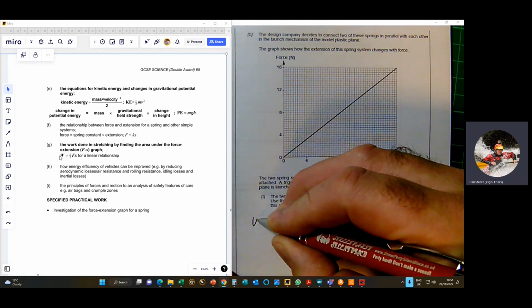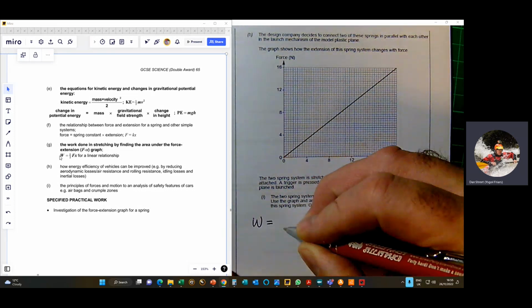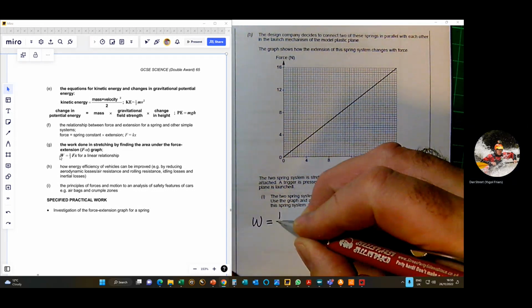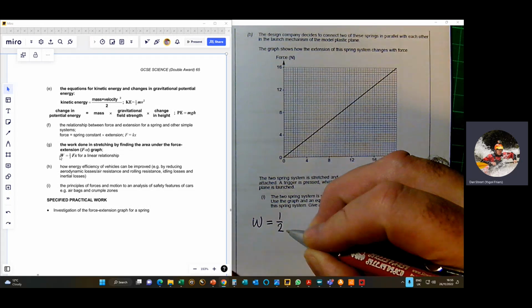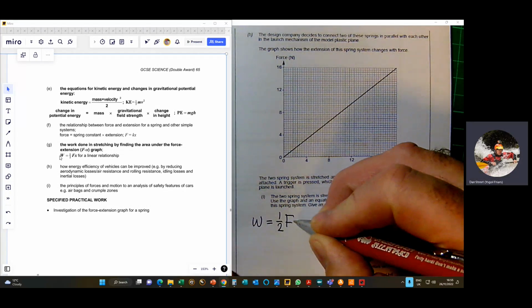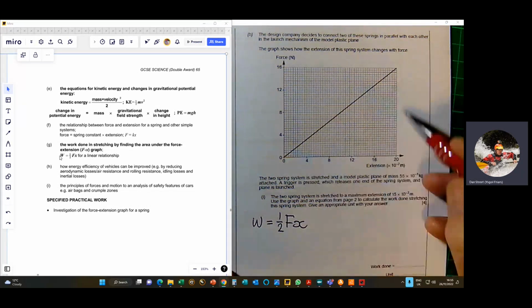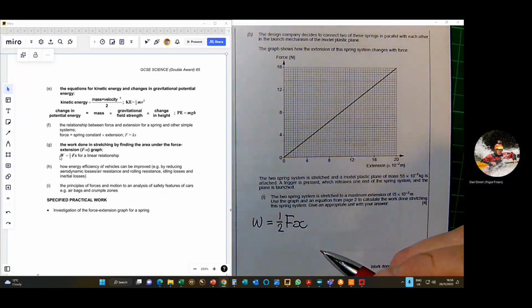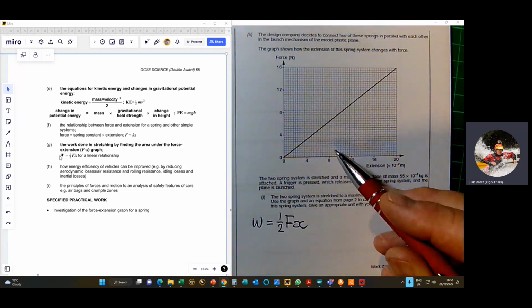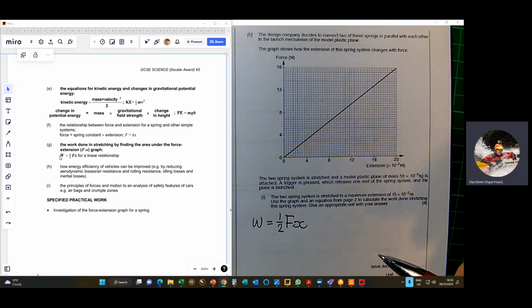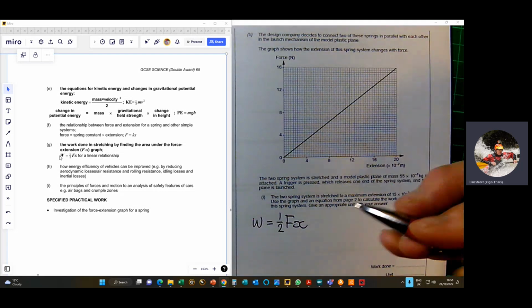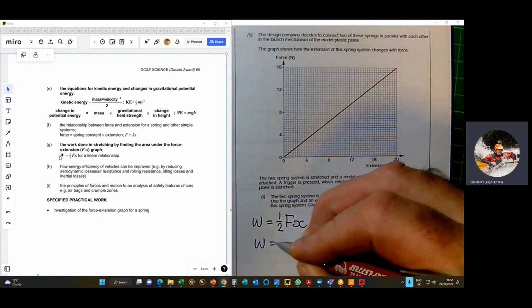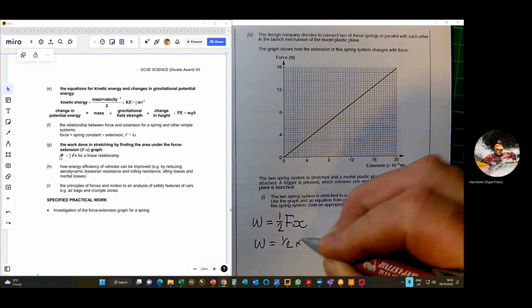So the equation we need is the one that deals with a force extension graph, which is equivalent really of finding the area under this triangle. So if we use that equation and put the numbers in that we find on the graph, we should be able to get an answer. So the work done is a half times the force.